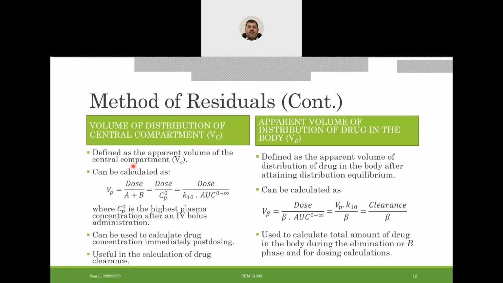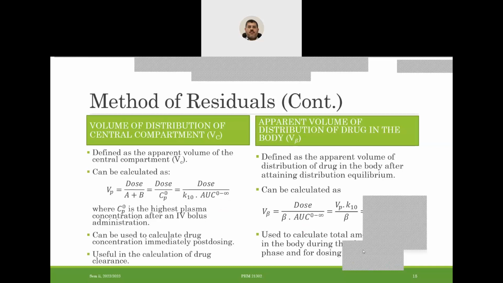This represents the ratio between dose and concentration at time zero. Because at time zero, all the drug is in the central compartment. So we use the concentration at time zero, and we are indicating the amount of drug that stays only in the central compartment.